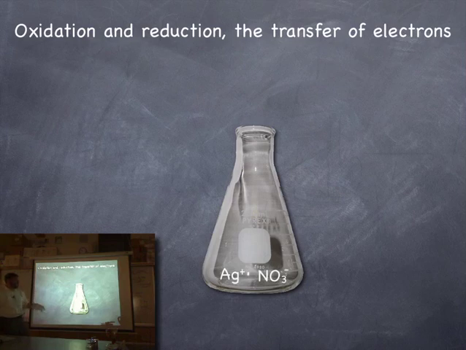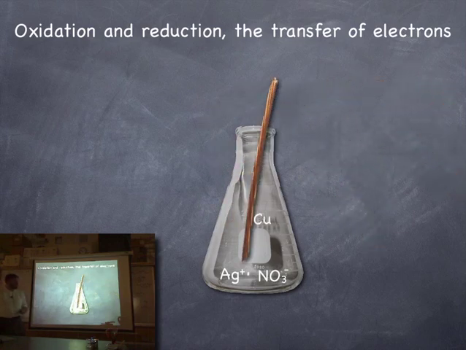A typical reaction would be to start with some silver nitrate in a beaker. It's a clear, colorless solution. We take a piece of copper wire and stick the copper wire into the solution. At this point, the copper and the silver ions come into contact. Silver nitrate is actually silver ions and nitrate ions.